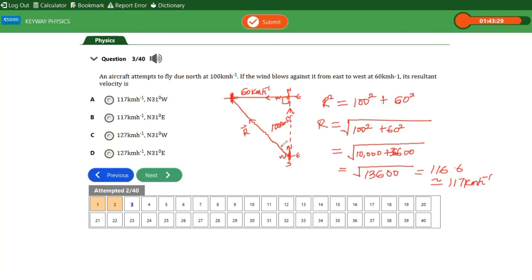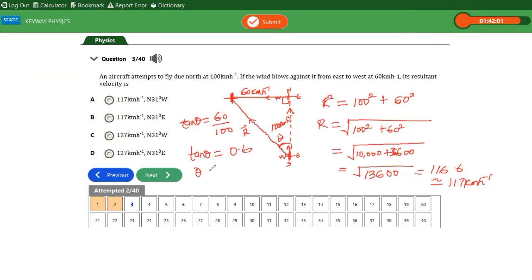So the next thing is to find your direction with respect to the starting point, right? So in that case, here is the direction. I put theta here. That is opposite over adjacent. So I'm going to have tan theta is equal to opposite, 60, all over 100. So tan theta is equal to 0.6.